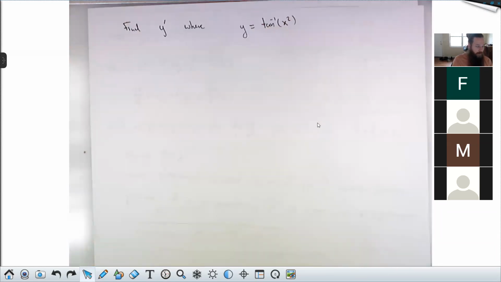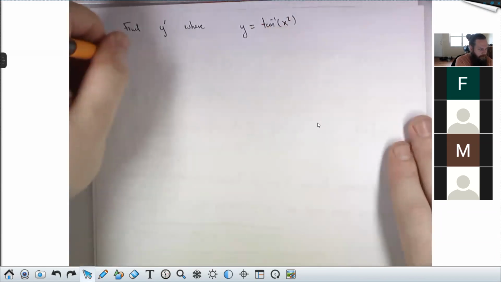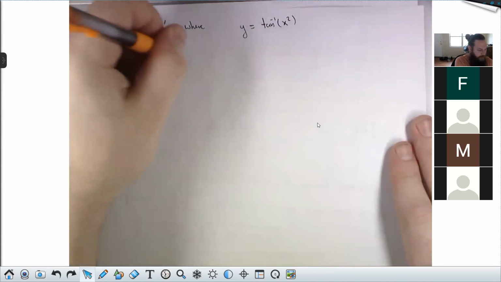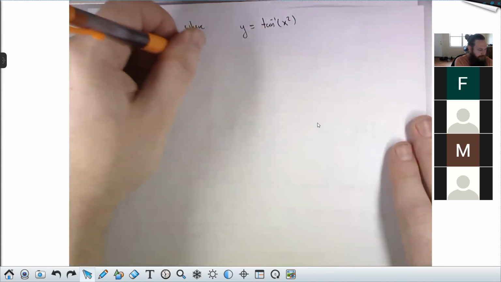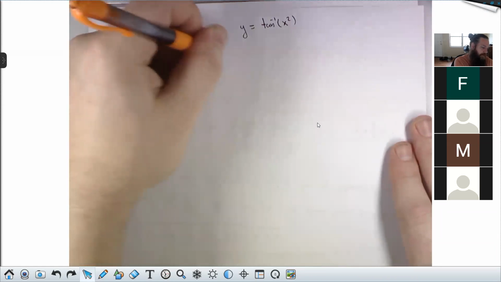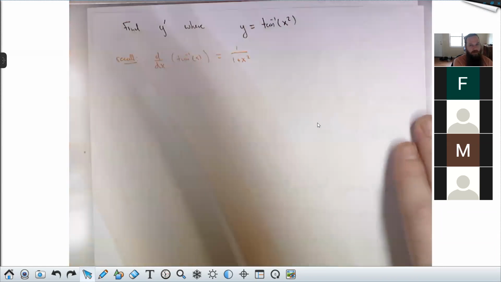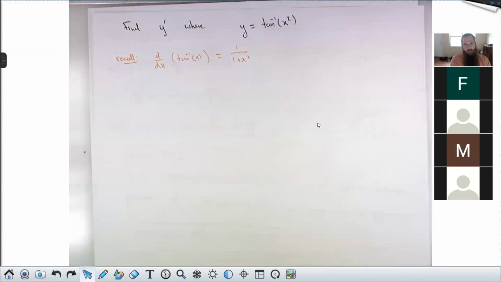I would say recall that the derivative of regular old arctan x is 1 over 1 plus x squared, like this. So I'll need this fact together with what rule to get the derivative of this function?